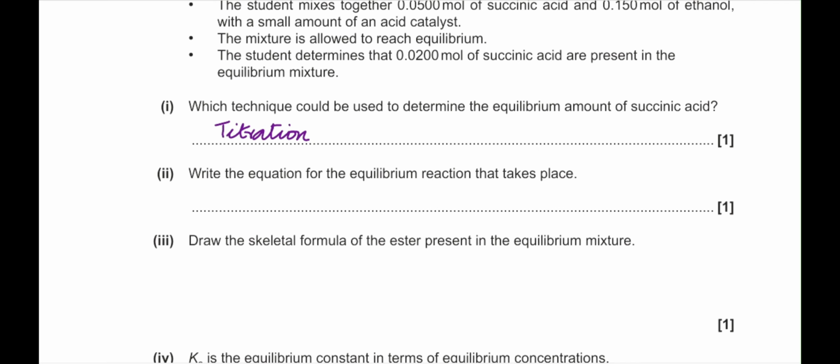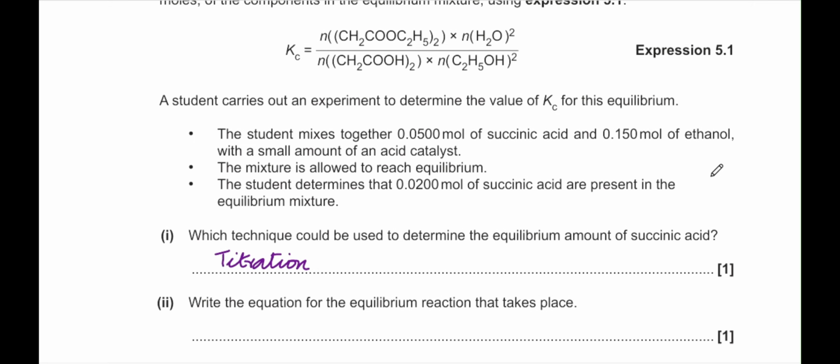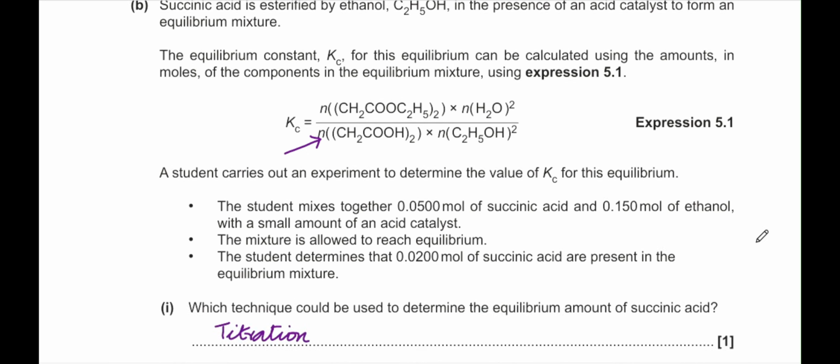Write the equation for the equilibrium reaction that takes place. You can construct the equation for the equilibrium reaction from the expression for Kc, because this refers to the product of the reactants and this refers to the product of the products, and they will be in molar concentrations or molar numbers.